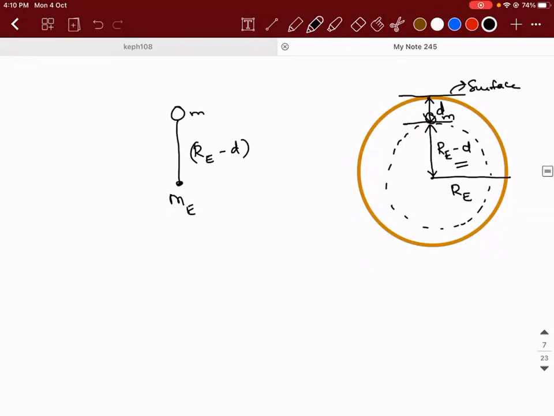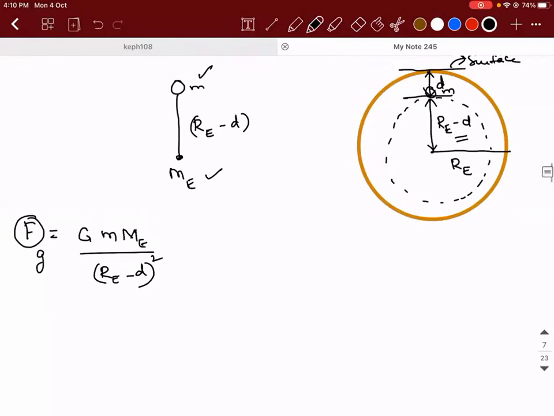So can I write that the force between this mass small m and the earth is equal to G into M into ME divided by RE minus D the whole square? Don't copy it, okay? So this is the universal law of gravitation. Similarly, the weight of this particle is going to be how much? M into, I'll call it G double dash.